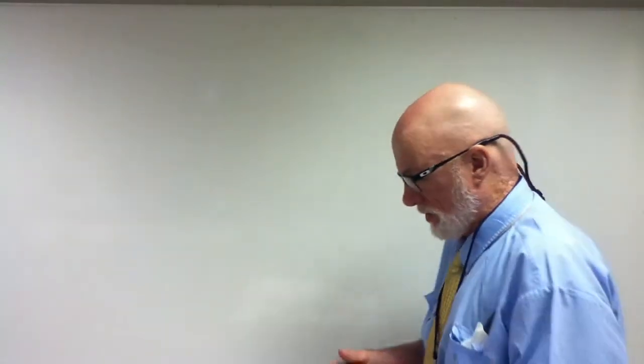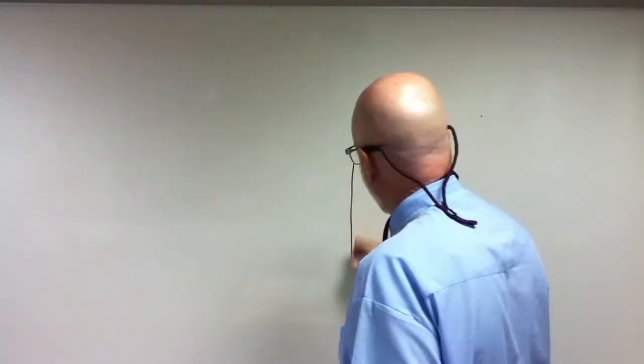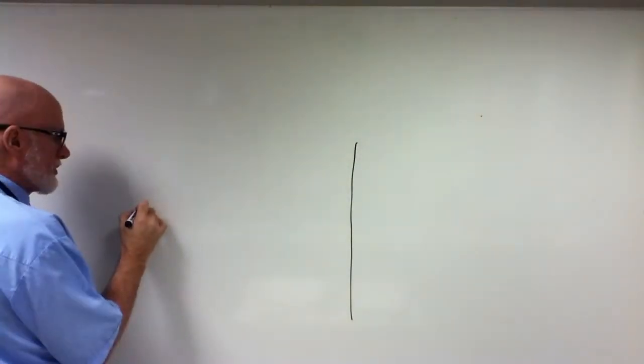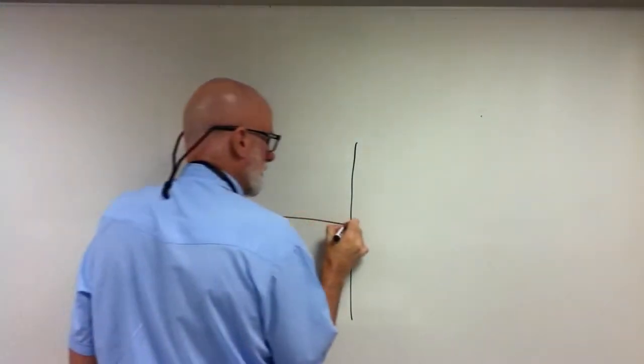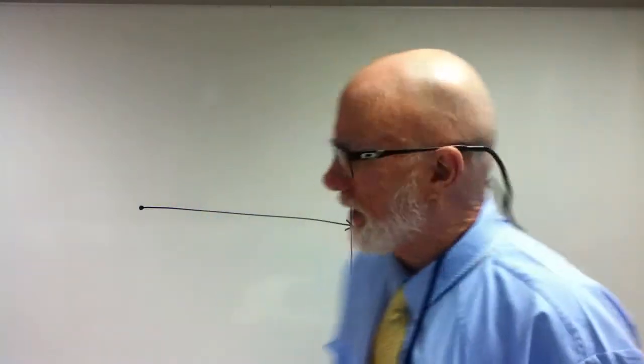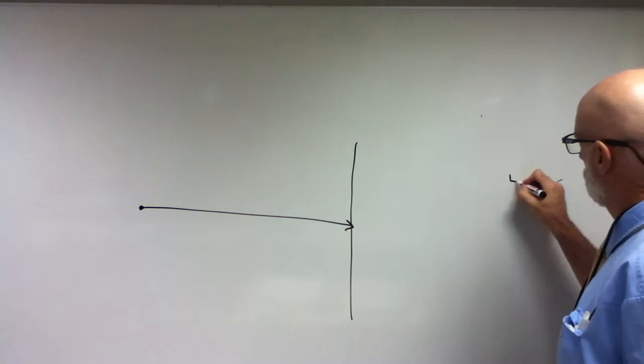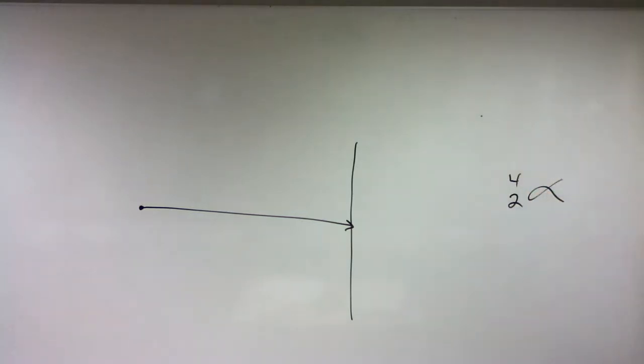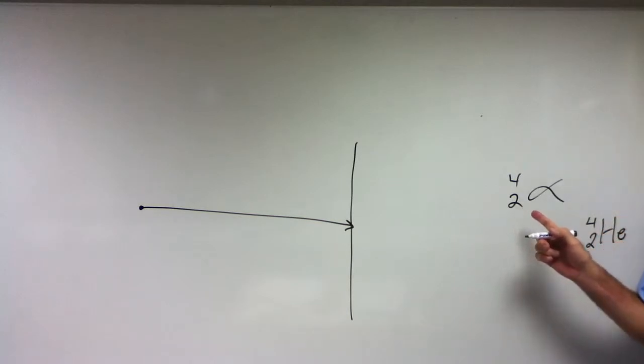He took some gold foil, okay, and beat it very thin. And then he took a source of alpha particles. An alpha particle is actually a helium atom without the electrons.